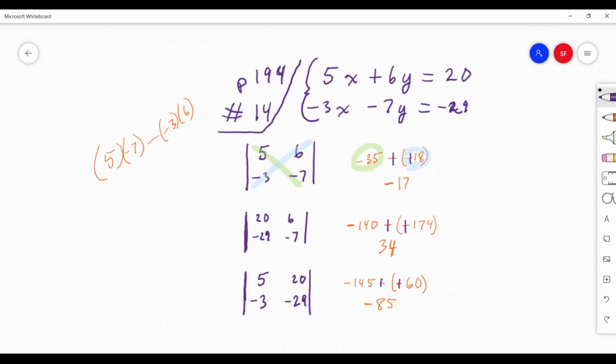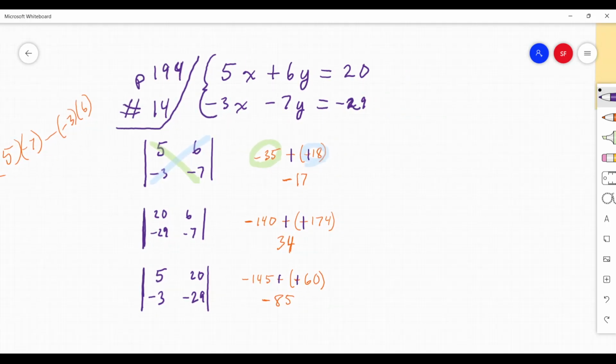So those are the determinants that we need. To get x, we do this one over this one. And to get y, we do this. This is not what the answer said it was. Oh, no, it does.